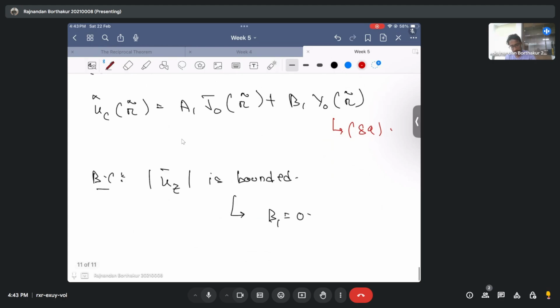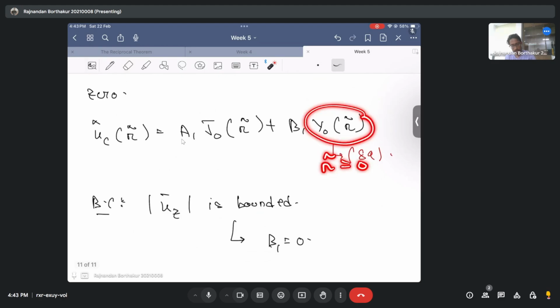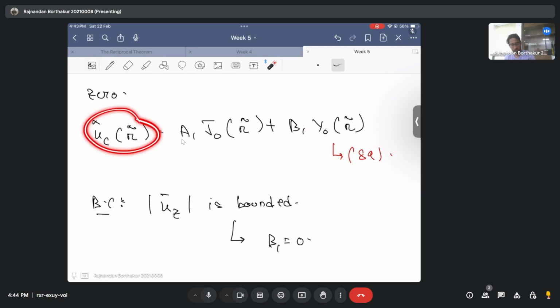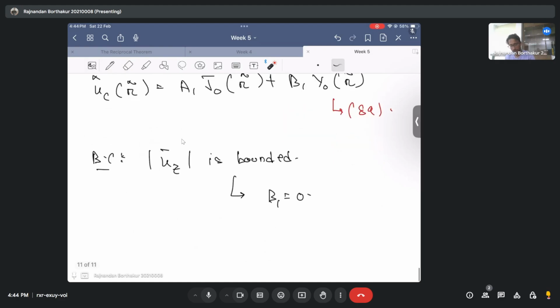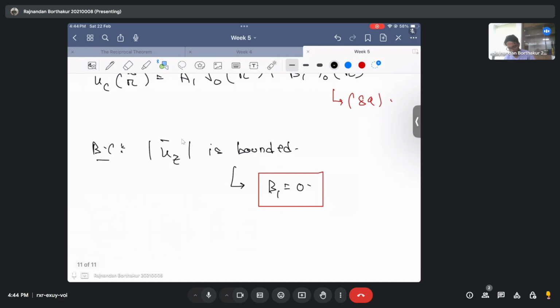That's it. This is because at R tilde equals 0, this Y0 of R tilde goes to infinity, but I want my velocity profile to be bounded. So the only possible scenario is that B1 has to be equal to 0. So this is one constant that we evaluated from the boundedness condition. Okay. All right.